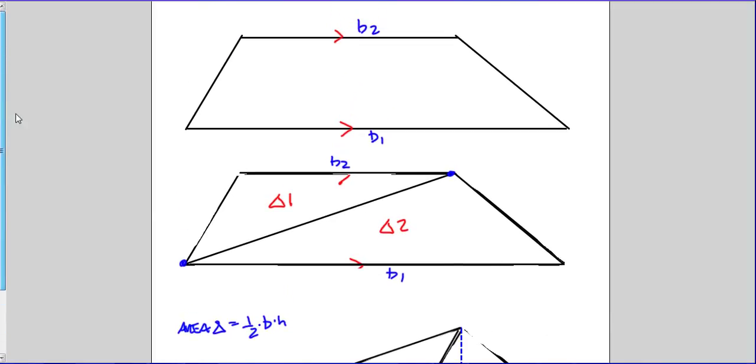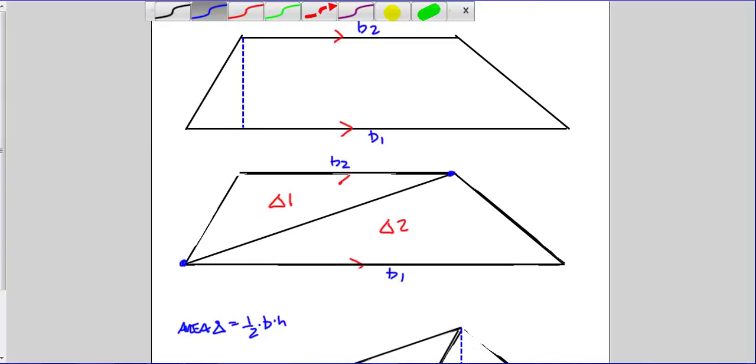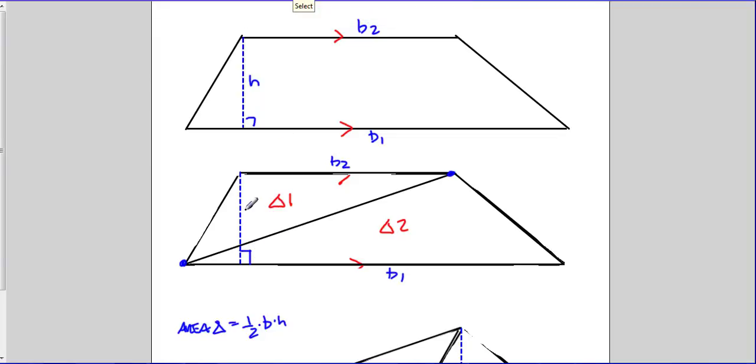So let's go back up here. Both these triangles have this height, h. We just demonstrated that at the bottom. And this can be made into two triangles. So I'll put the height here also. I'll also draw the height out here so we can see that if I want to extend the base.